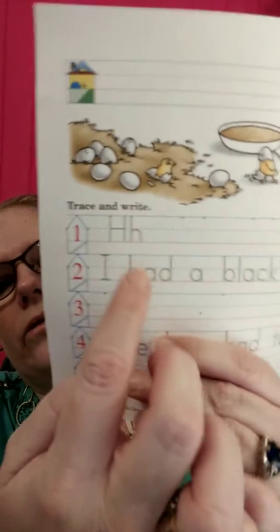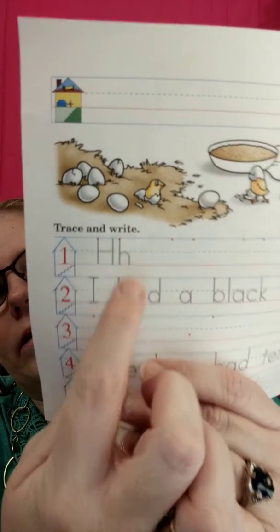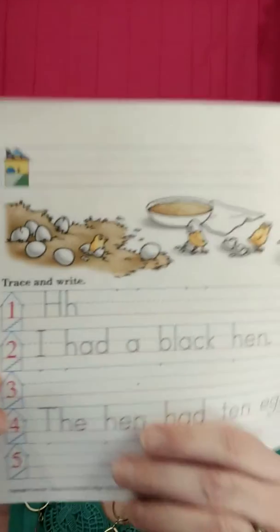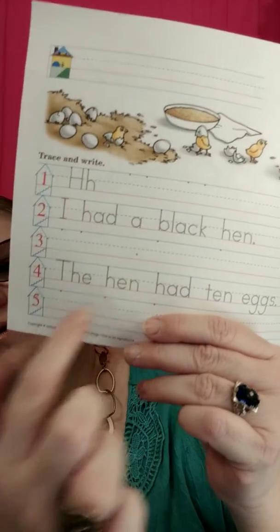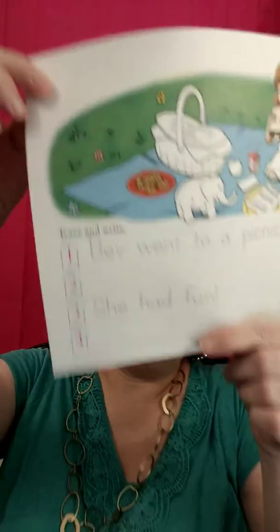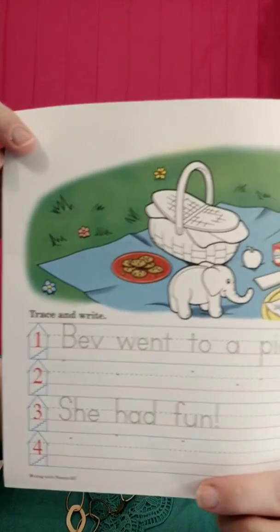H for hump, right? The little hill. And remember, you're going to trace, then write. When you're finished with that, turn it over, and again, you're going to trace and write.